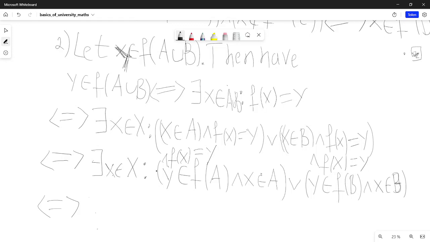Okay, there exists such x that this or this is true, and we'd like to have that there exists such x that y is equal to f of x such that x is in A, right? Right. Actually, okay.